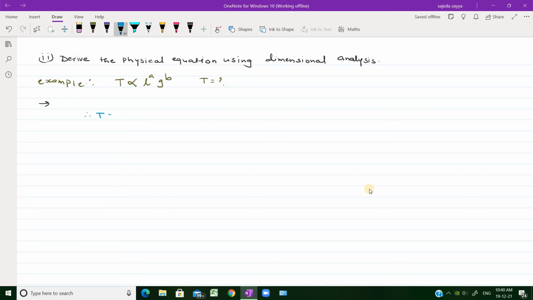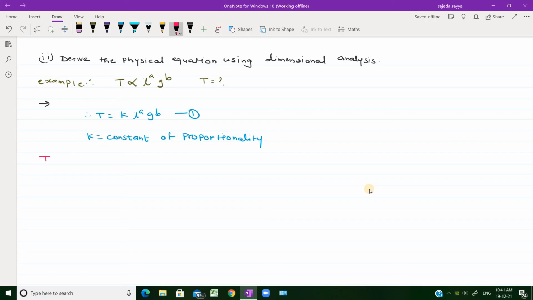Therefore, let me number this as equation 1, where K is constant. Let us write the dimensions of LHS, RHS and then substitute it in equation 1.